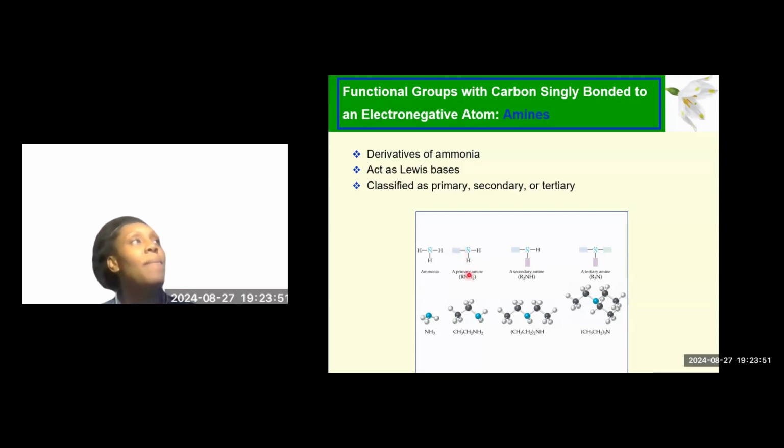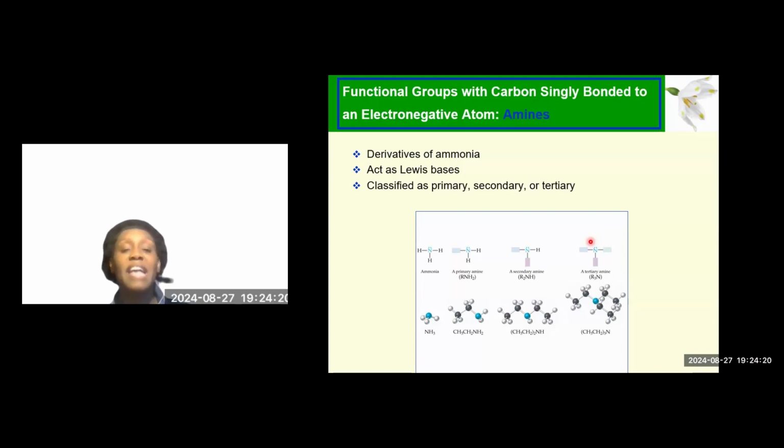Primary means one of these hydrogens is replaced with a carbon group. Secondary, two of the hydrogens of ammonia are replaced with a carbon group. And tertiary has all three hydrogens replaced with a carbon group. So you need to be able to identify primary, secondary, and tertiary amines.